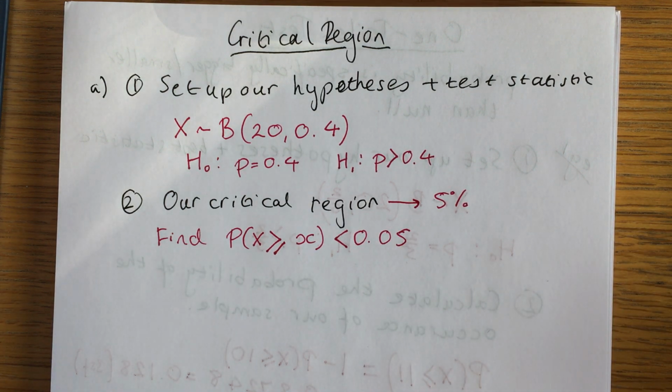Now remember our calculator. This is where we need to use our calculator to work out our critical region. We're going to use the list function.